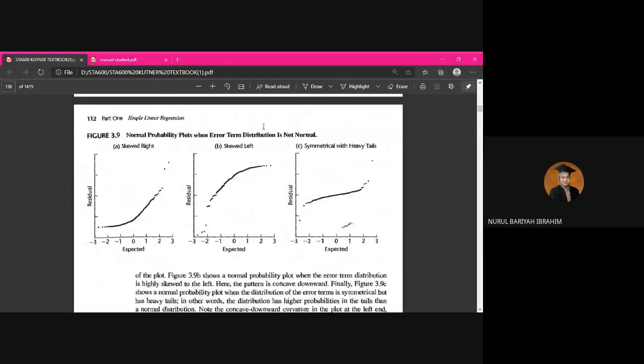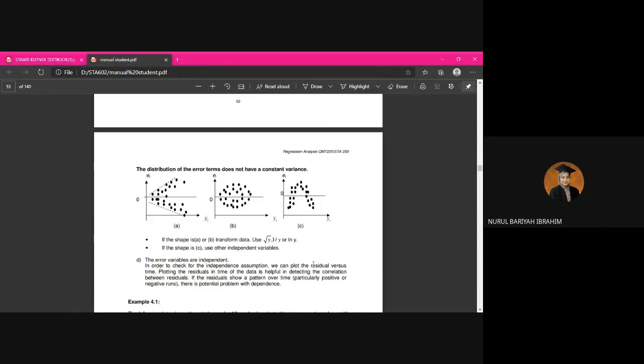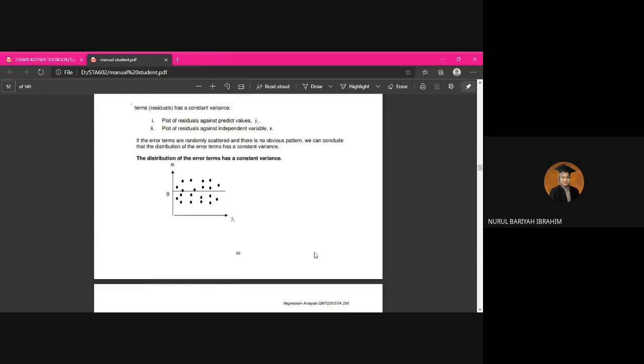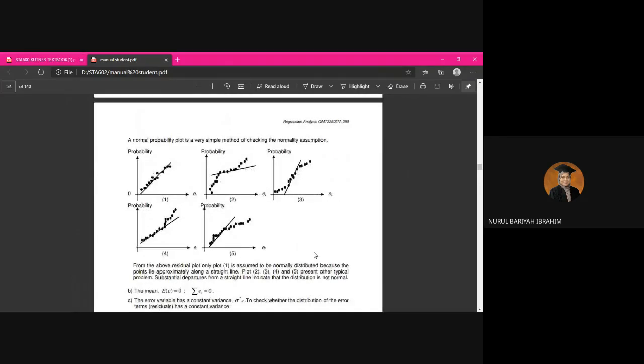Okay, so this is the contoh normal probability plot when the error term is not normal. Okay, which is kita akan tengok kat sini, dia akan ada di sini kalau the normal probability plot showing the normal assumption is fulfilled.